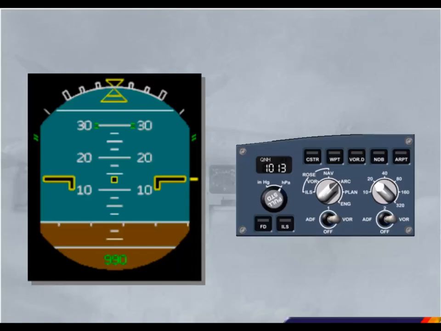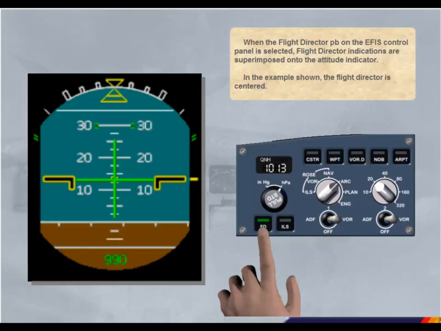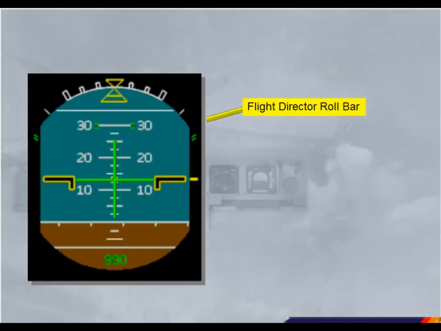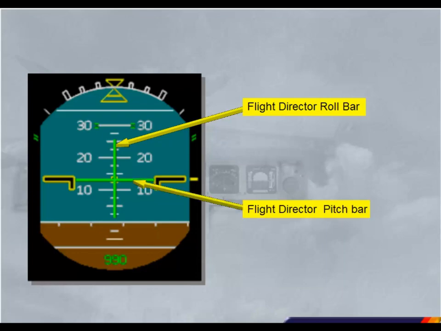When the Flight Director push button on the EFIS control panel is selected, Flight Director indications are superimposed onto the attitude indicator. In the example shown, the Flight Director is centered. The vertical line is the Flight Director roll bar, while the horizontal line is the pitch bar.